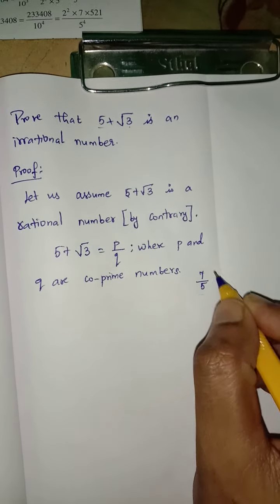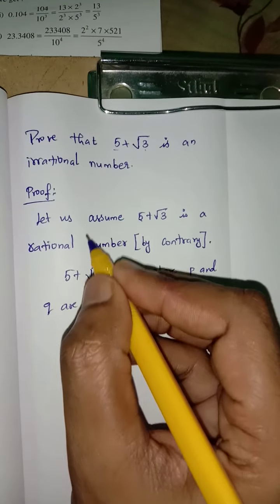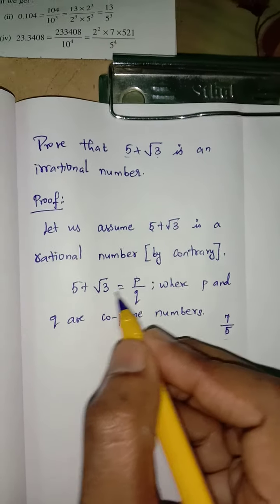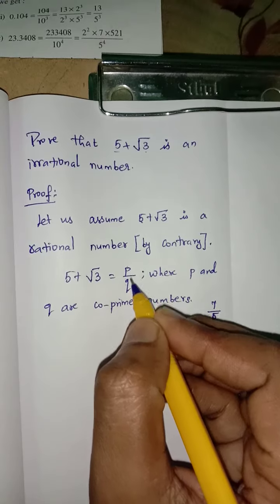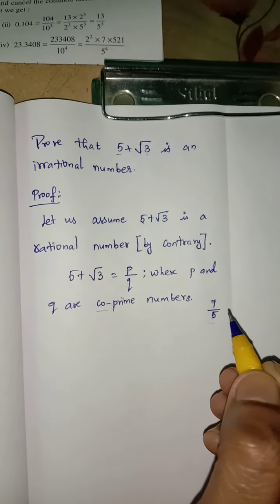Then these are called co-prime numbers. So we are going to take this number as a rational number. If we take this as a rational number, it can be expressed in the form of p by q, and there is no common factor between p and q, numerator and denominator. That is called co-prime numbers.